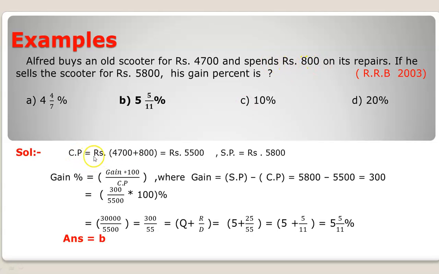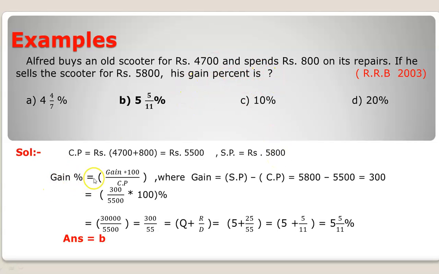So cost price equals 4700 plus 800, which equals 5500, and if he sells the scooter for rupees 5800, then selling price equals 5800. Now to find his gain percent.